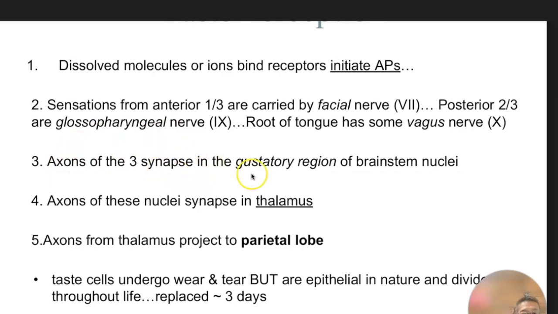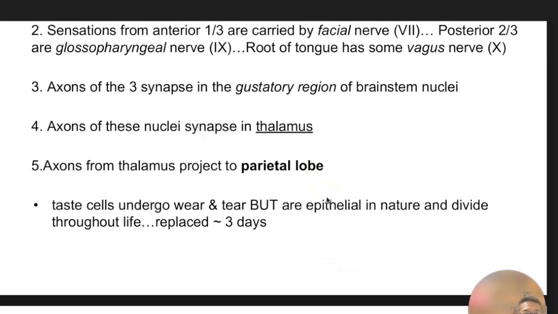The axons of the three nerves synapse in the gustatory region of the brainstem nuclei. The axons of these nuclei then go up to the thalamus. Remember where the thalamus is? And it goes to the parietal lobe. And your taste buds go through wear and tear just like your skin, and are replaced every 3 days.